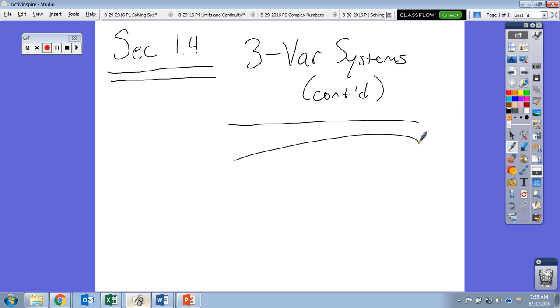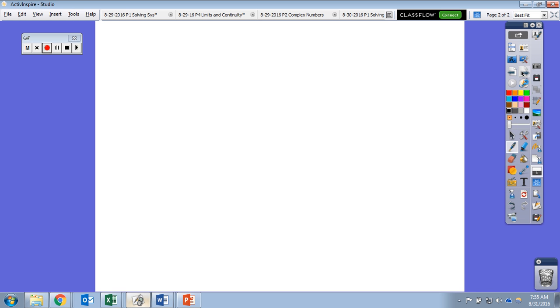So that's kind of built into solving three variable systems. Page 34 in your text.